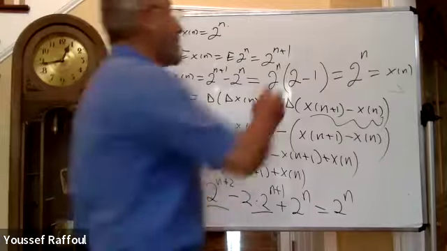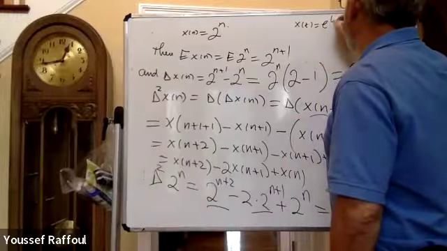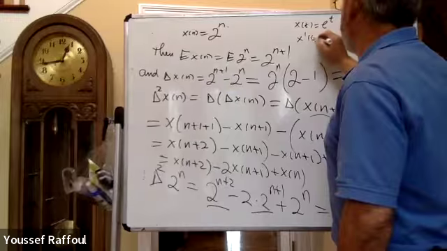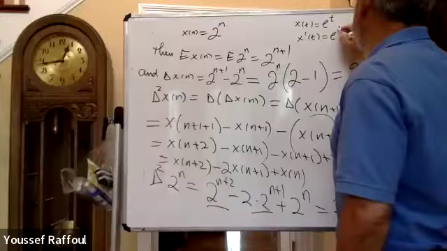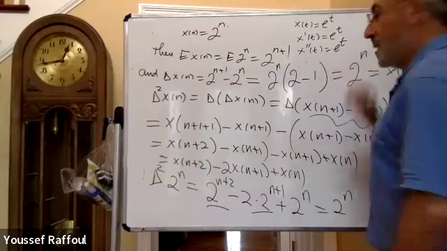So this is similar to x(t) equal e to the t. What is x prime of t? It is e to the t. What is the second derivative? That is e to the t.